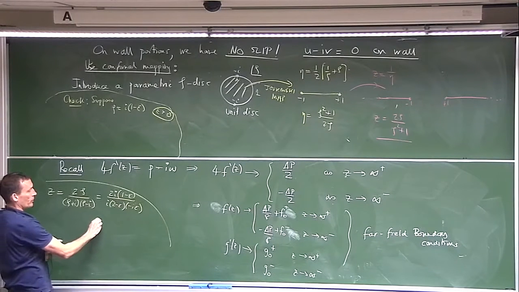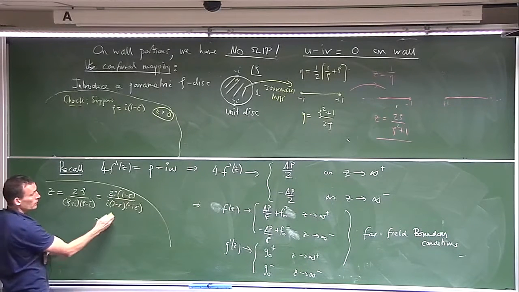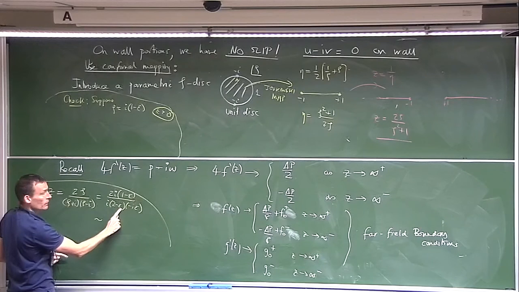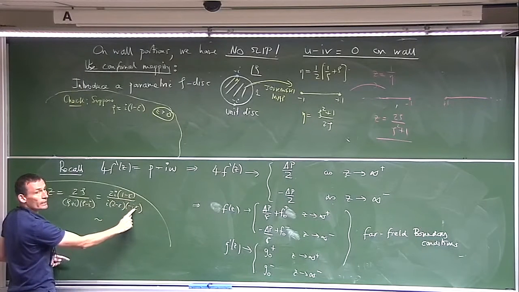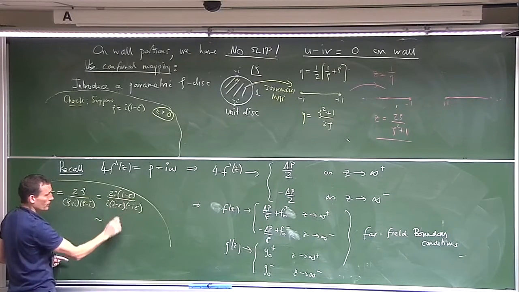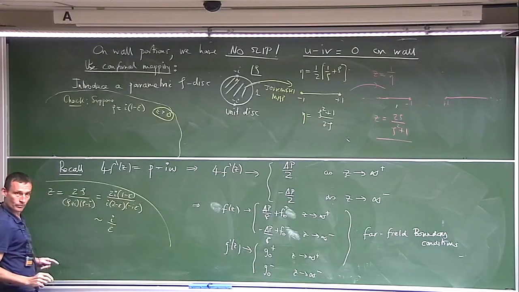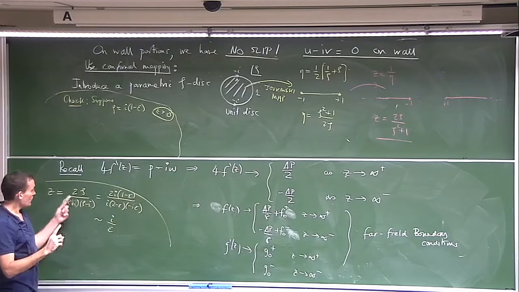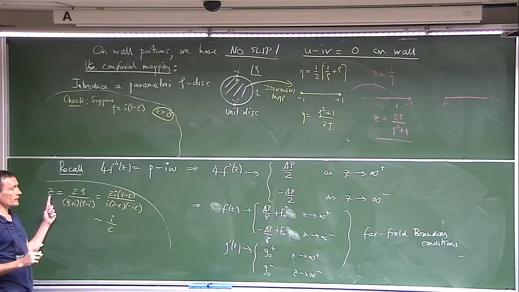So look at what happens as epsilon gets small. As epsilon gets small, the top looks like 2i. This looks like 2i. So it looks like 1 over minus i epsilon, because these are the same thing. So in other words, it looks like i over epsilon. Now epsilon is positive and tending to 0. So what's z doing as epsilon gets small?